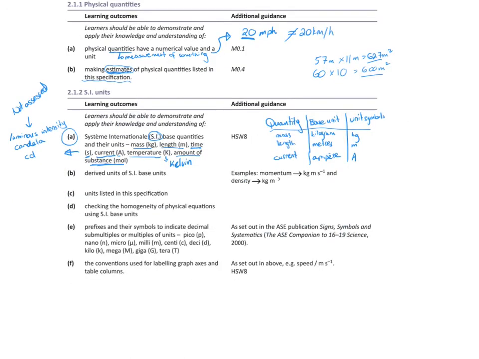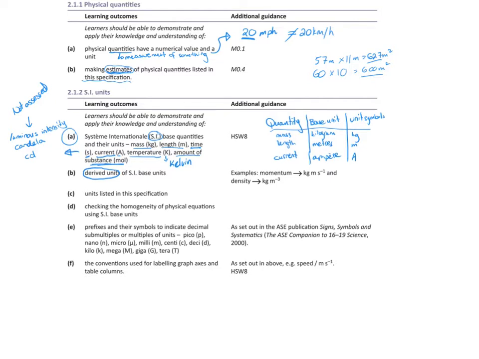So we go to the next point now, where we come across the derived units. I already spoke about base quantities and their units. Now we're going to talk about derived quantities and their units.